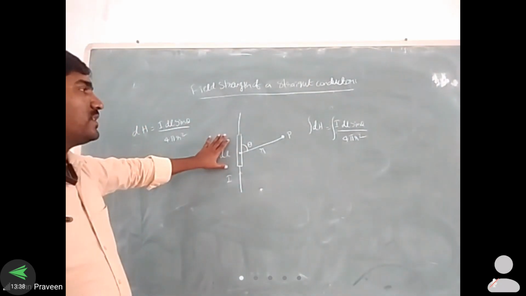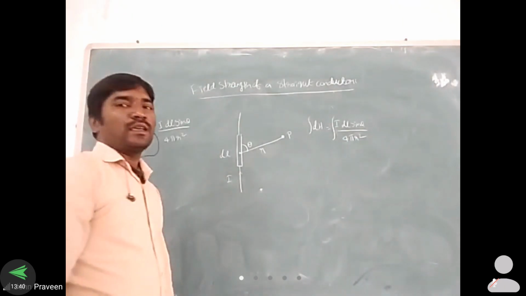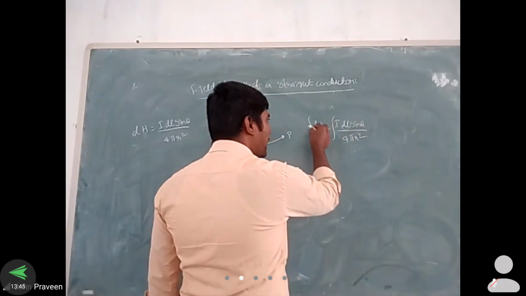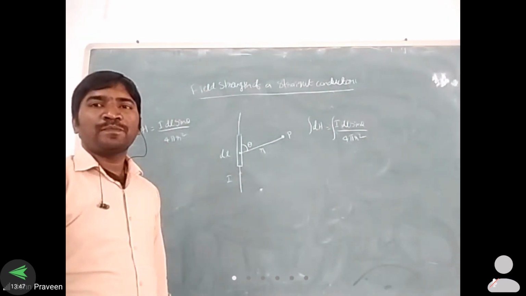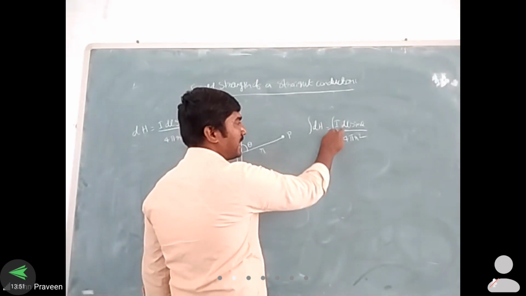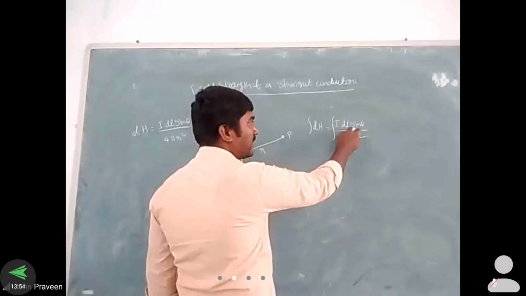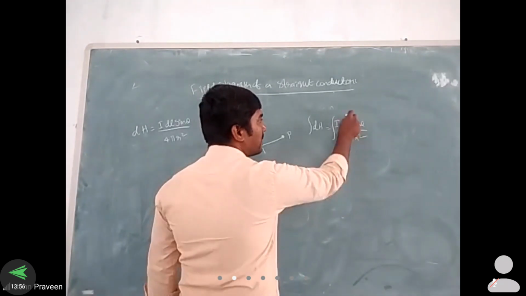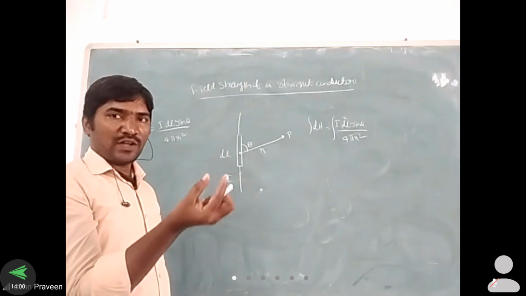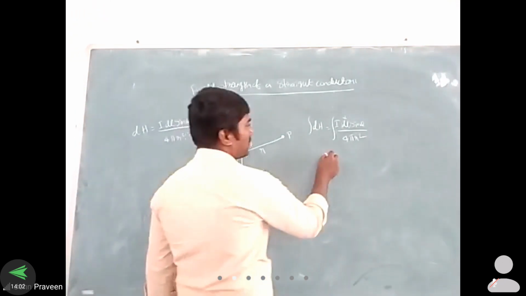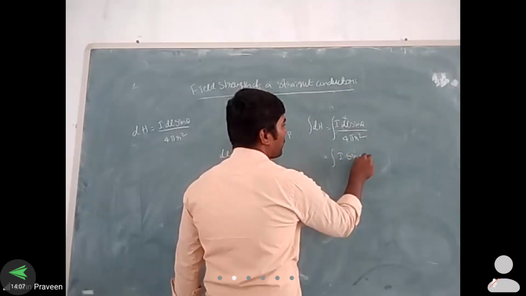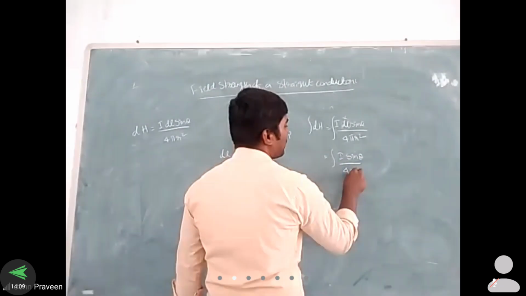Because of that reason we remove the dl value and apply the integration on both sides. So integral of dH is equal to integral of I into dl sin theta by 4 pi r square. Since it is a negligible small length, we remove the length, so integral of I sin theta by 4 pi r square.